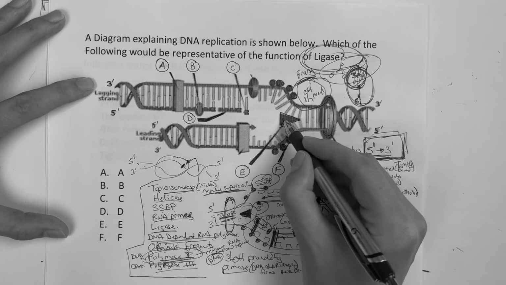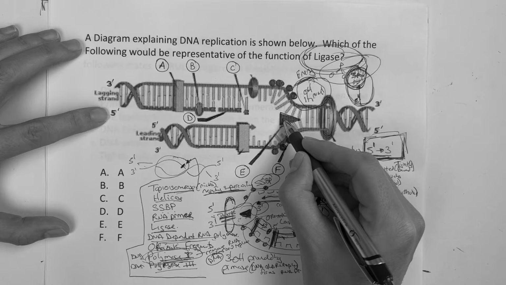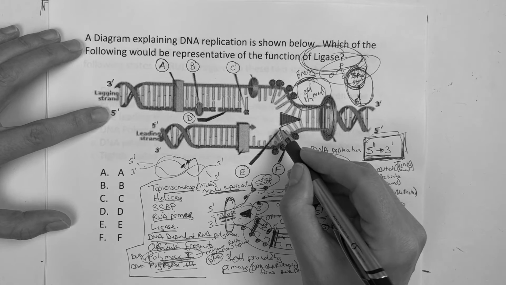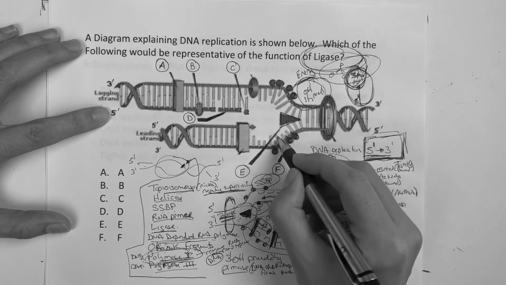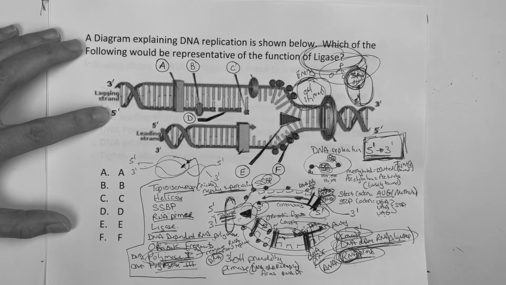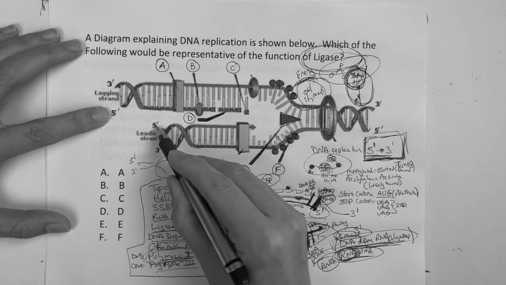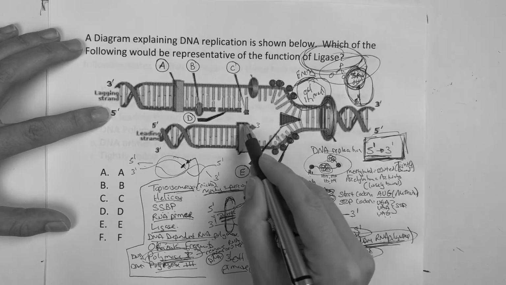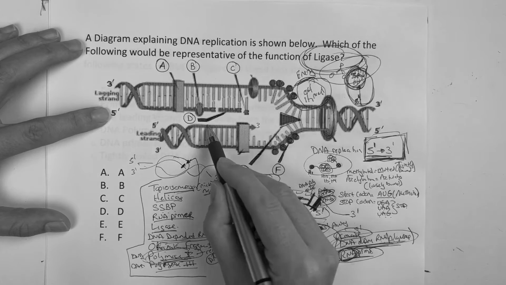So let's just look at this. We have to identify which one is the leading and lagging strand, right? If we follow this 5 to 3, the bottom one is making it in the 5' to 3' direction, right?